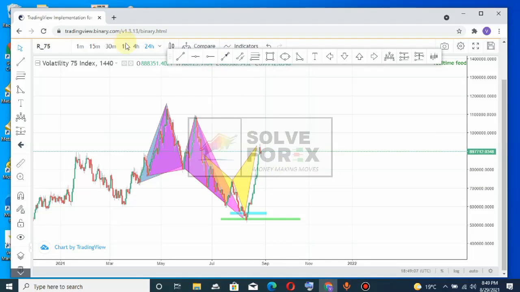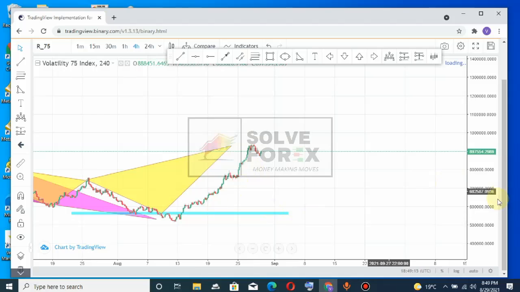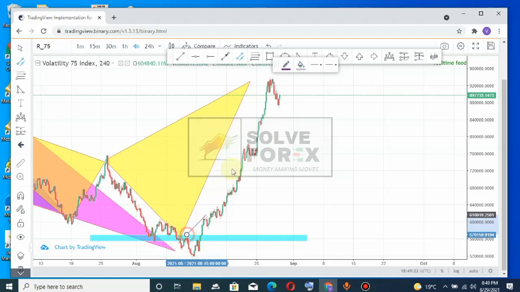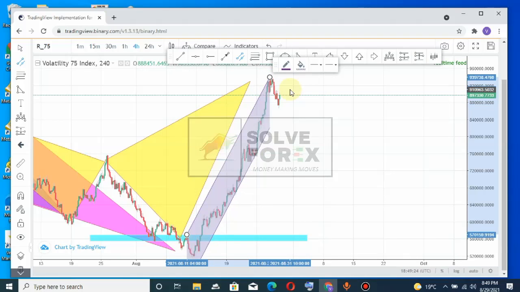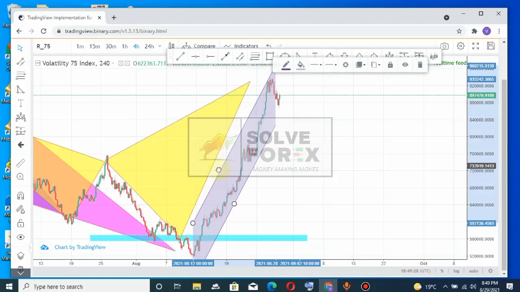You can take it on a lower time frame to see what is going on in this C to D move. You can see there's some kind of channel going up all the way there, a small channel.